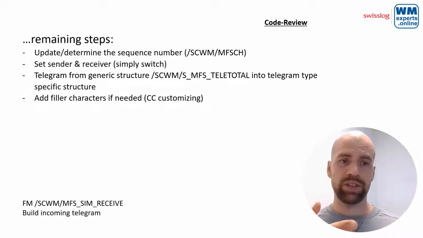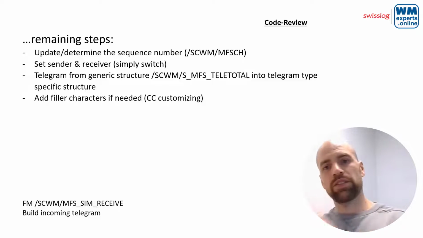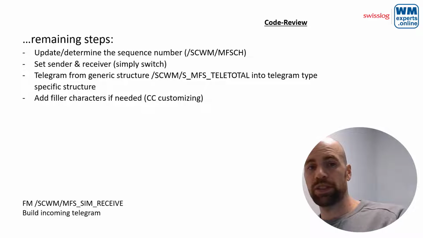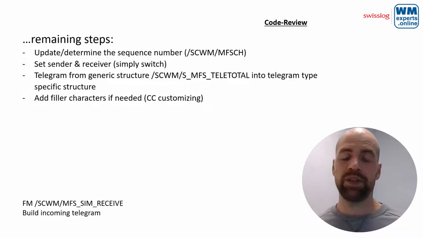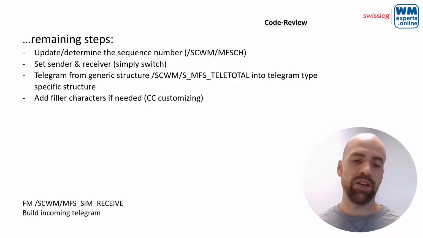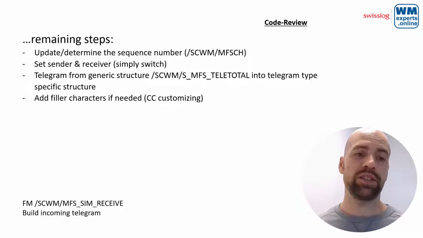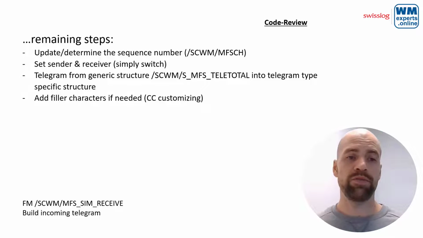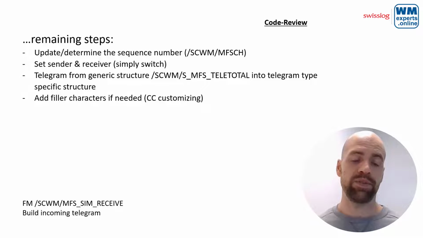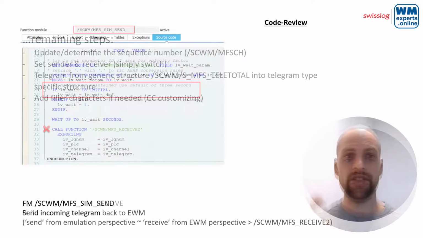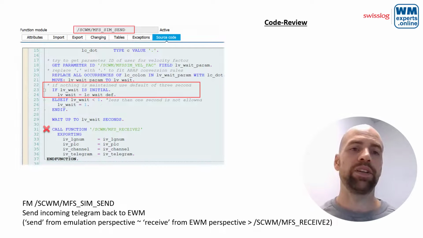And then we move the telegram data back from the generic structure into the telegram type specific structure. Remember, we determined the telegram type on the previous slide. And then if needed, based on the communication channel customizing, we might add some filler characters before we start really sending the telegram.